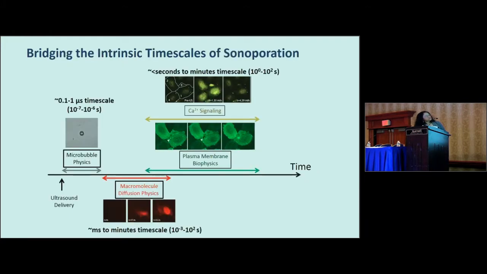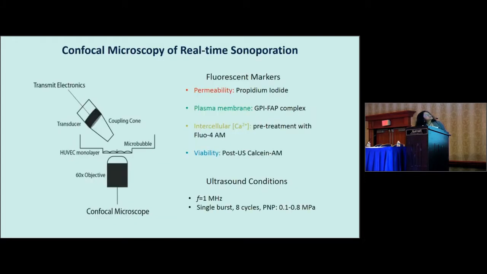So, putting up this slide again, we've now looked at the microbubble physics and the macromolecule diffusion physics, and now we sought to look at the plasma membrane biophysics. To do this, we performed confocal microscopy of real-time sonoporation. In this particular model, we had a confocal scope, and we had HUVECs, human umbilical vein endothelial cells, and microbubbles.